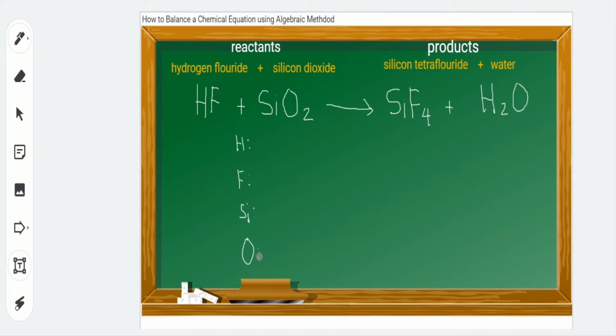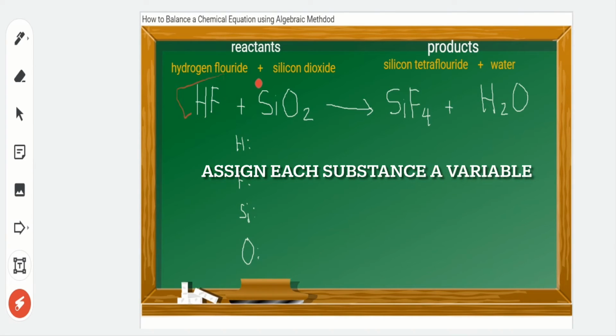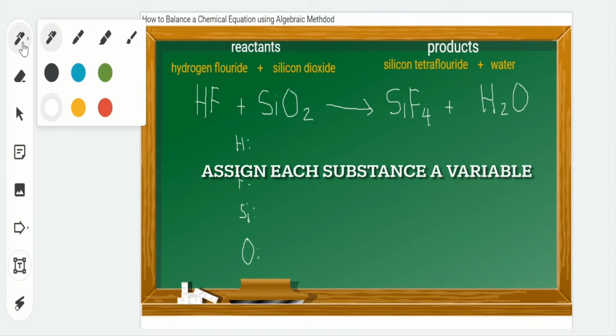Okay, now, since algebraic method to, ang gagawin natin, for every molecule, dito sa ating reactant at dito sa ating product, it will be represented by letter symbols. So we can do it this way.